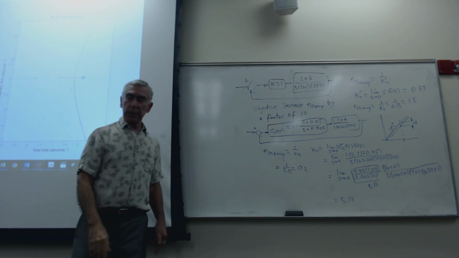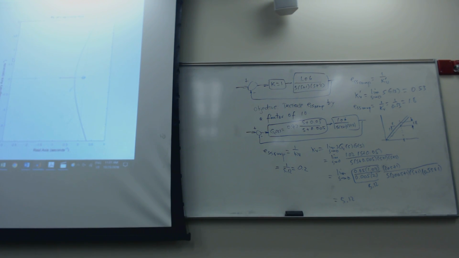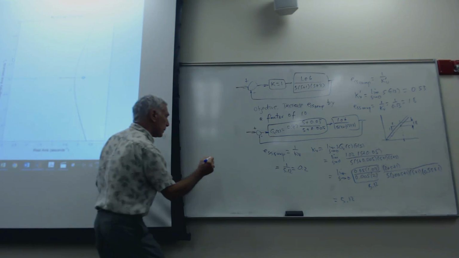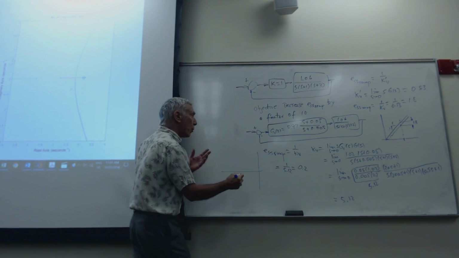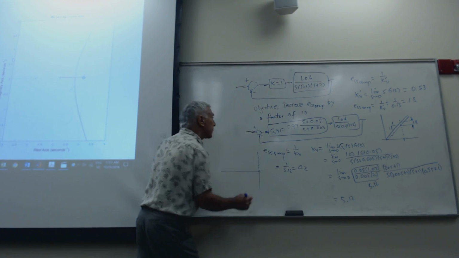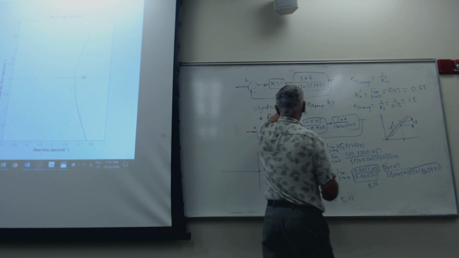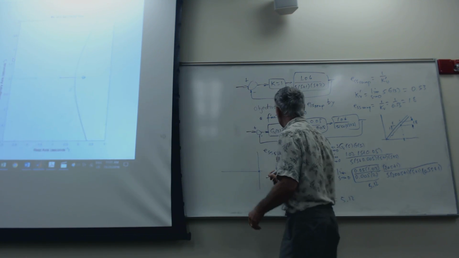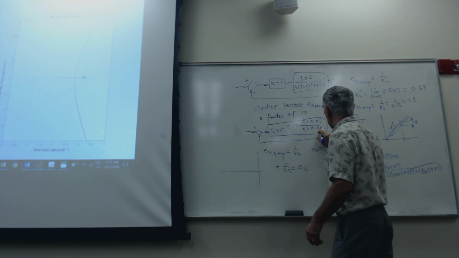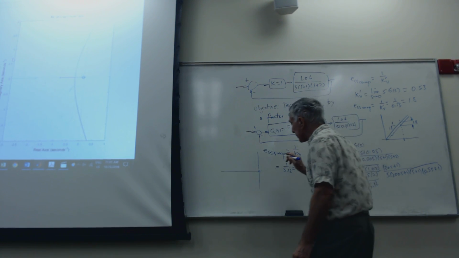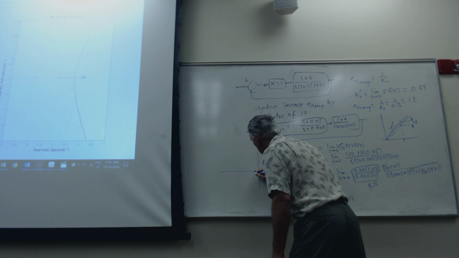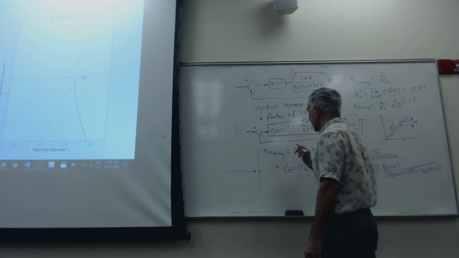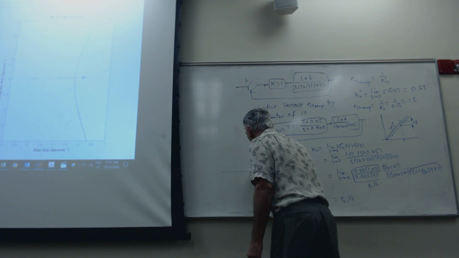So, I mean, what you have is, we could draw it briefly here. We do have a pole at the origin. That's the plan here. And then we have the pole of the compensator very close to it, like that, say, and then the zero over here.